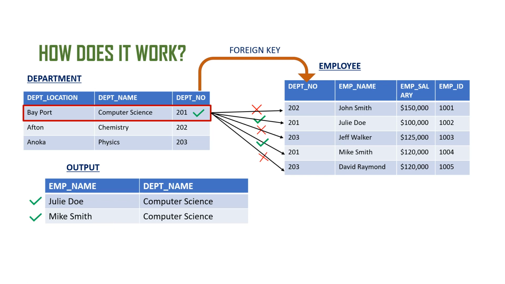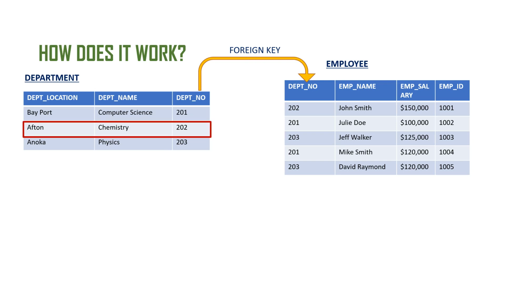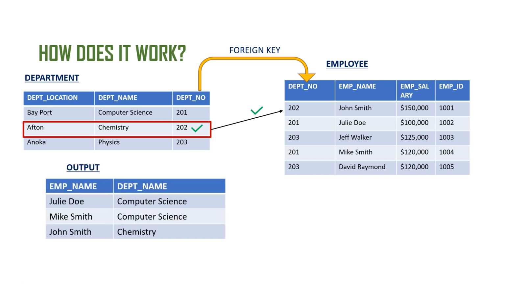Now it goes to the second row in this table and again does the same thing. It's going to see if it's a match. If it's a match, it's going to add, which is John Smith for chemistry. And then is it a match? No, no, no, and no. So only John Smith was matching, and that is added into our output table.